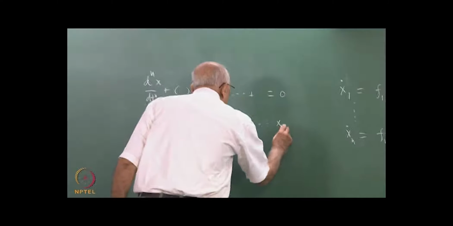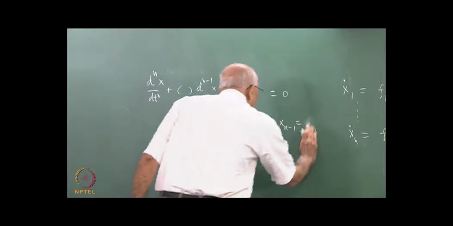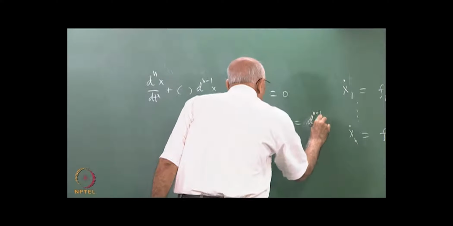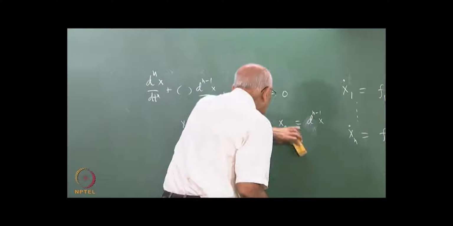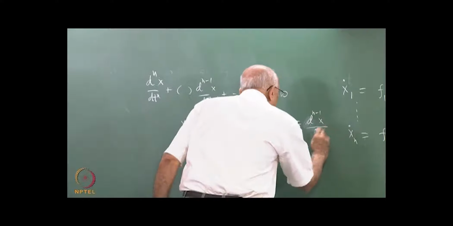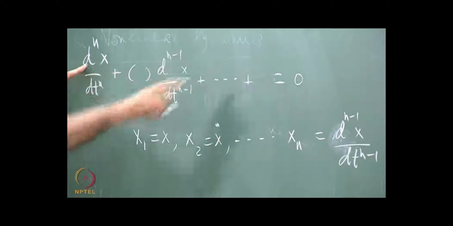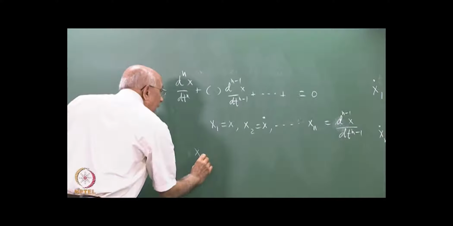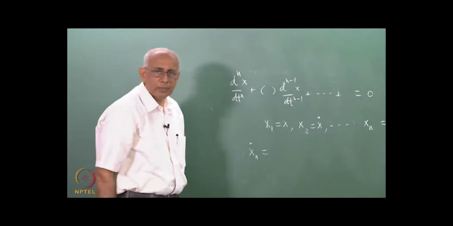So I hope you can see this, xn minus 1 equal to x, is that right? Sorry, xn is d^(n minus 1) x over dt^(n minus 1), and then this thing here, if you move this to the right hand side, would give you an equation of the form xn dot equal to a function of all the other earlier variables.